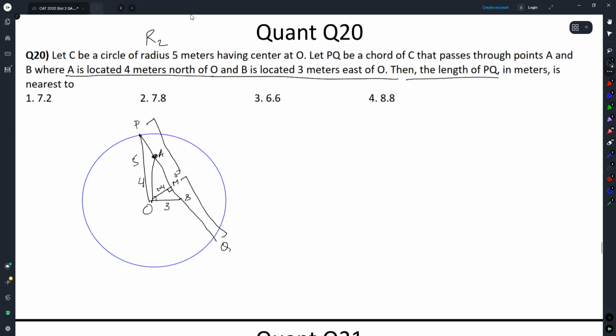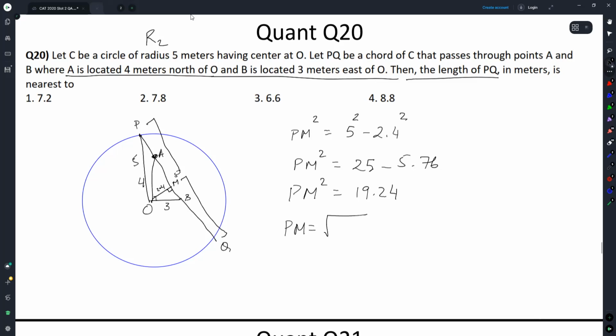PO I know to be 5. So PM square has to be equal to 5 square minus 2.4 square. So PM square is equal to 25 minus 5.76. PM square is equal to 19.24. What an ugly number. So PM is equal to under root 19.24.